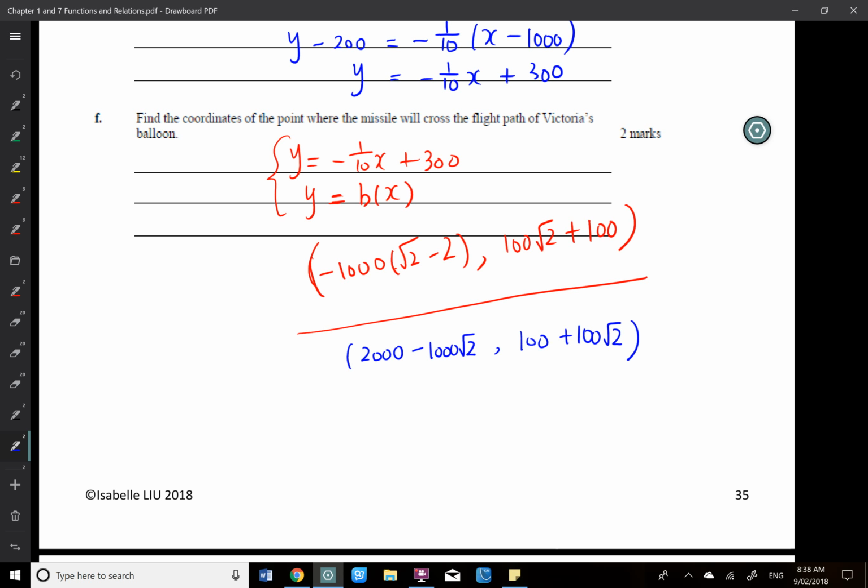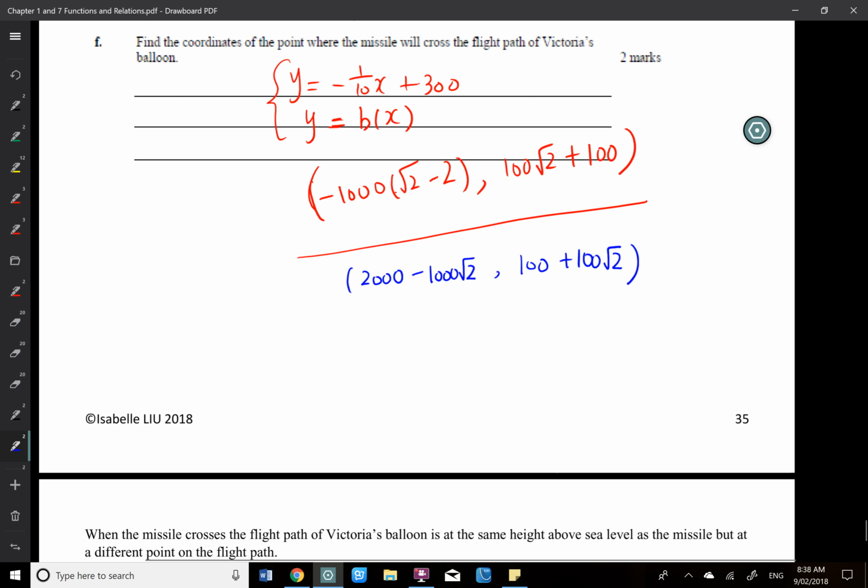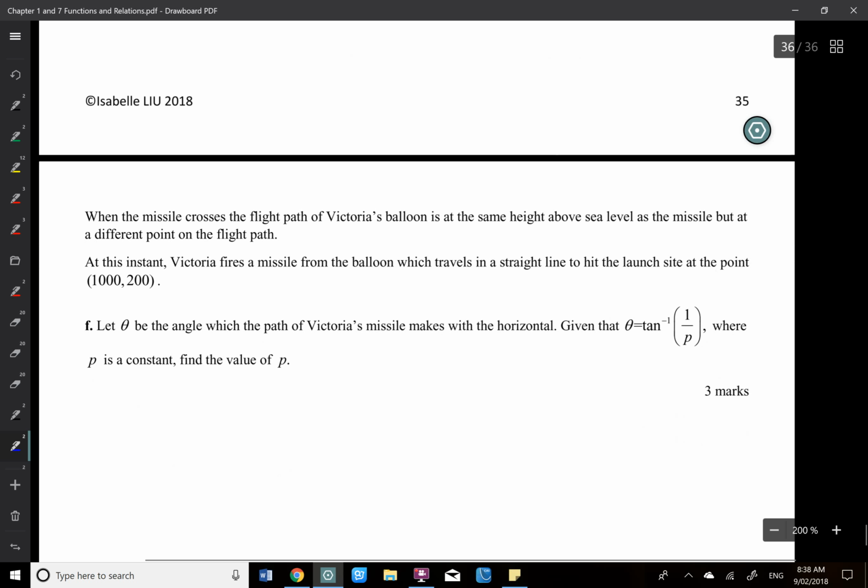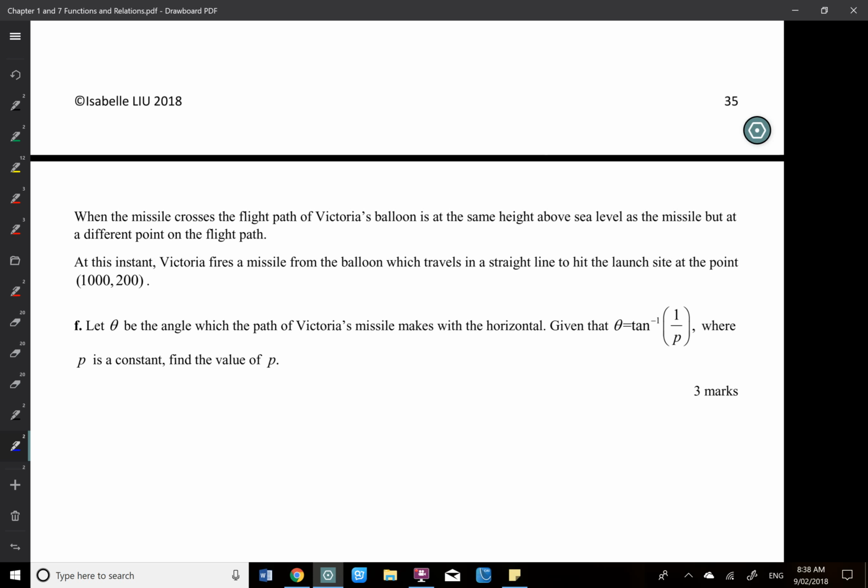Okay, now let's have a look at the next question. So when that crossed the path of Victoria's balloon, not necessarily Victoria's at that point. Victoria's balloon is at the same height above sea level as that missile, but at a different point on the flight path.